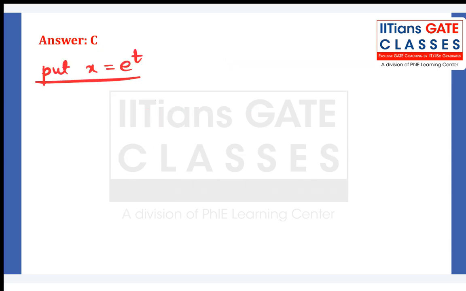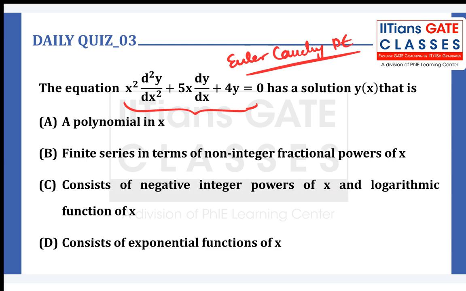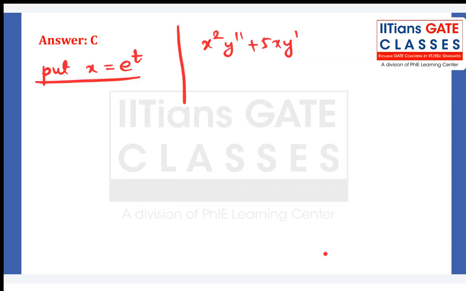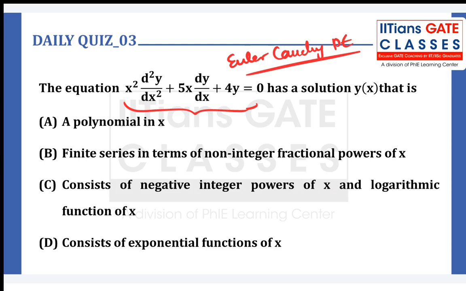Given ODE is nothing but x square into y double dash plus 5x into y dash plus 4y equal to 0. Have they given any other information? No. And what they're asking is the solution of this differential equation, which is y of x.